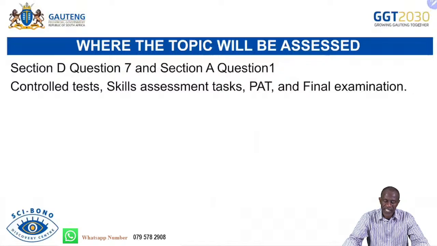It is also assessed in section A, where you have your short questions, that is question number 1. That's where you will come across questions based on professional image in the tourism industry in the final exam question paper.